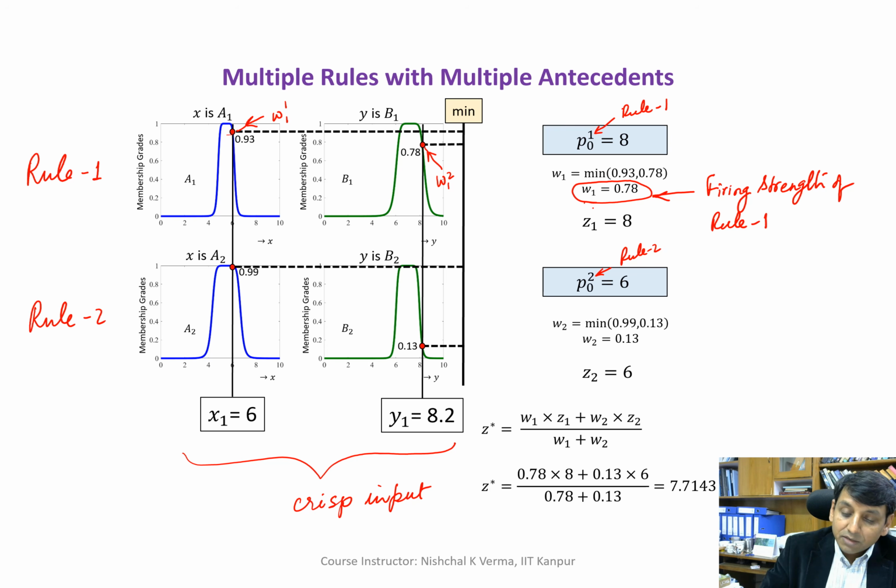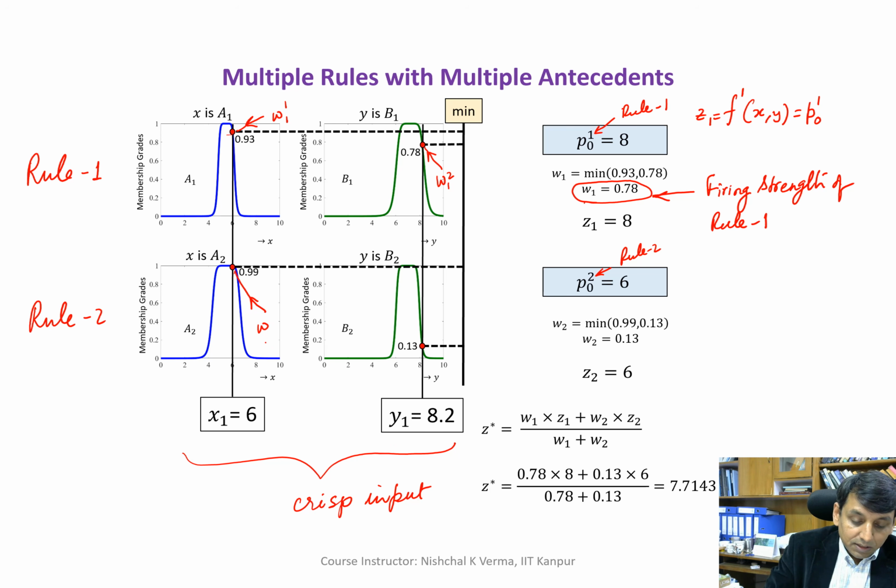Z1 we have very quickly found. This is f(x, y), which is P01. So Z1 is P01.